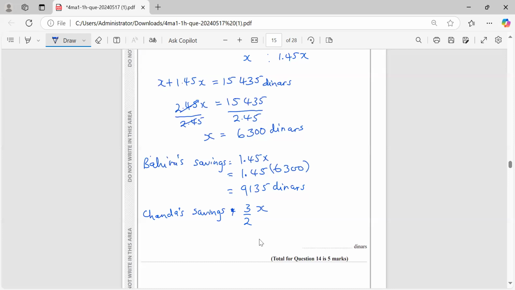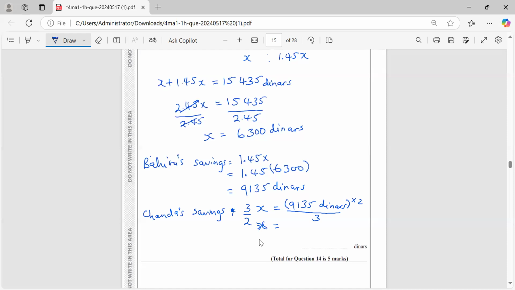Chanda's savings, which is x, is equivalent to Bahira's savings, which is 9,135 dinars, right? And of course, if you want to find the value of x, that means you're going to multiply 9,135 by 2, and then you divide by 3 so that you actually have the value of x over here, right?